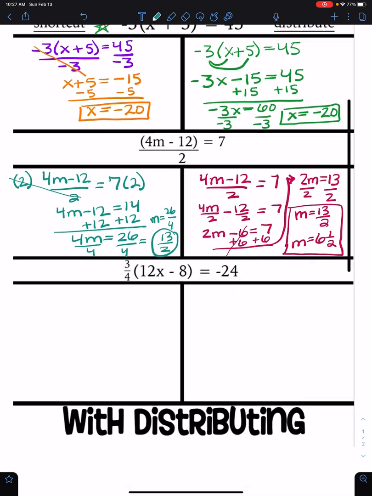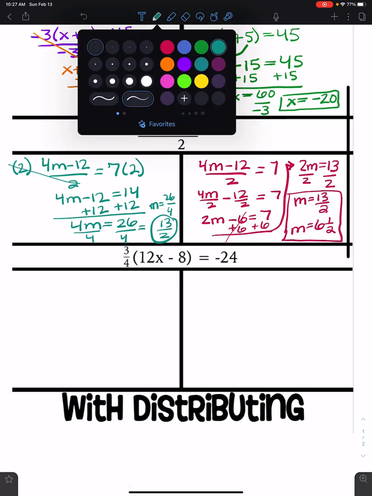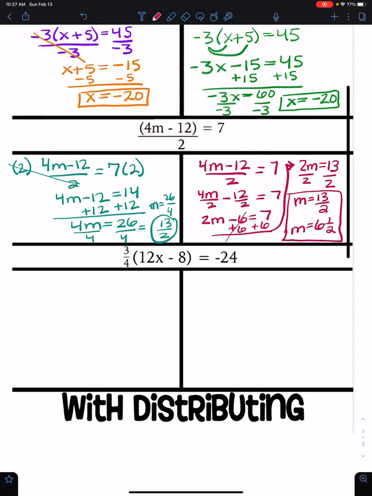My last example has multiplication, distributing over multiplication, but there's a fraction out here, which always scares everybody. But never fear, let's do it both ways. We'll start by distributing that 3/4.